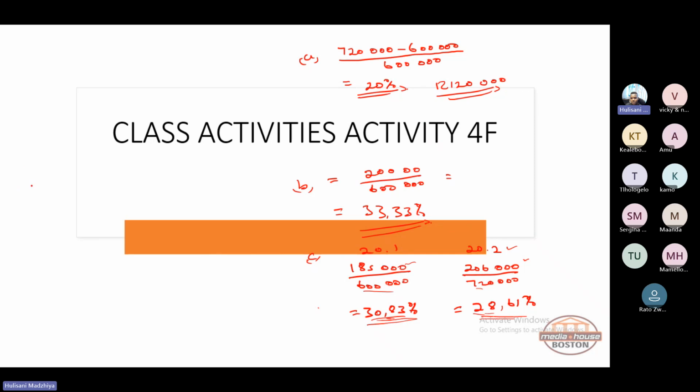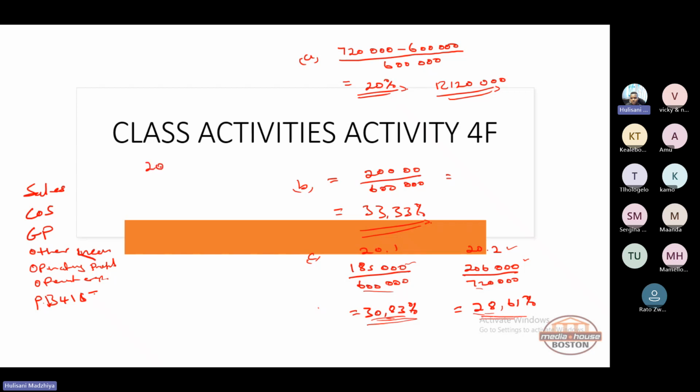So I'll just write this side: sales, cost of sales, gross profit, other income, and then operating profit, operating expenses, and then here you have profit before interest and tax.